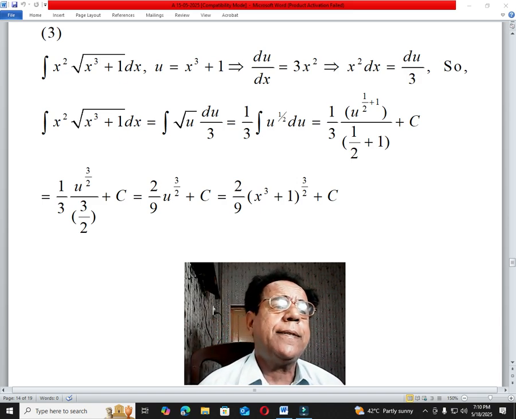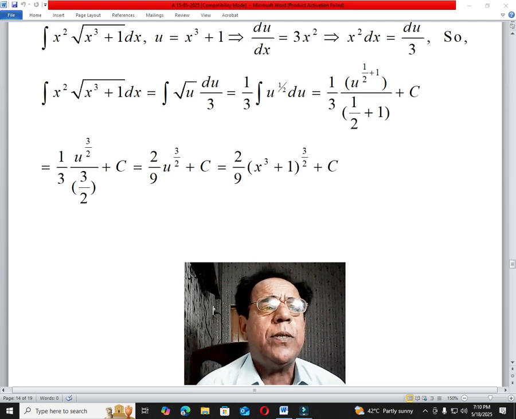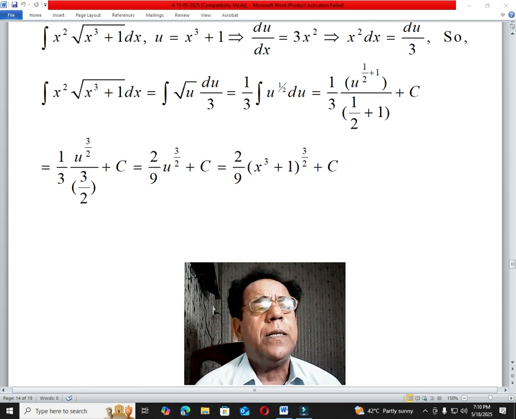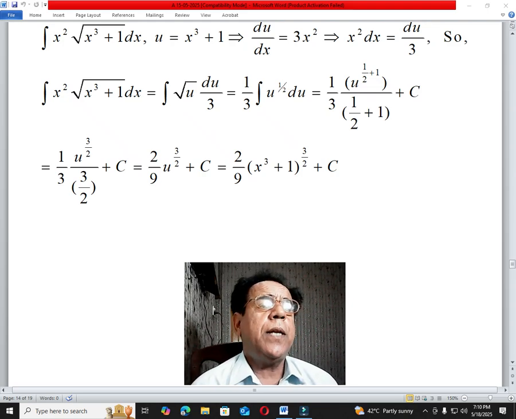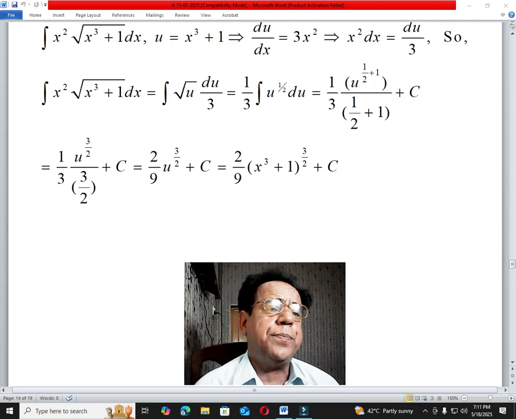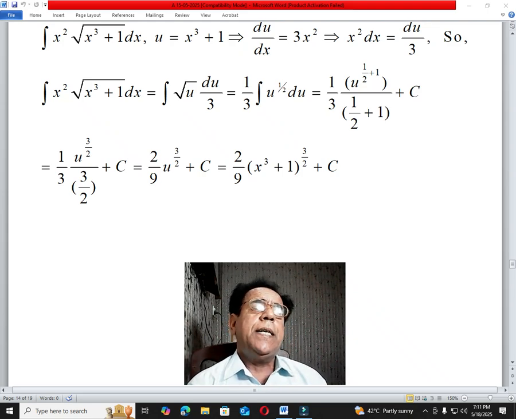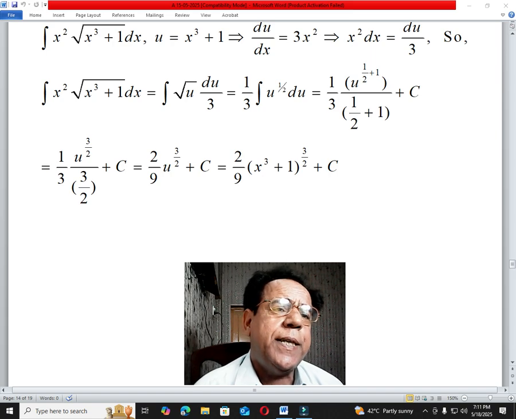So our next step becomes 1 by 3 u raised to power 3 by 2 over 3 by 2 plus c. Now dear students, in the denominator we will get 9, and we know that a fraction in the denominator is reversed. That is to say, the denominator of the denominator appears in the numerator.